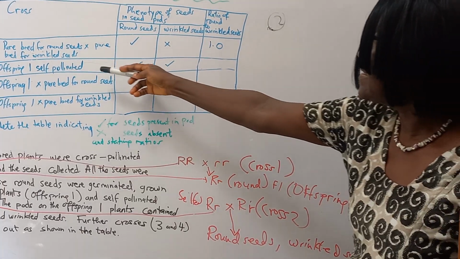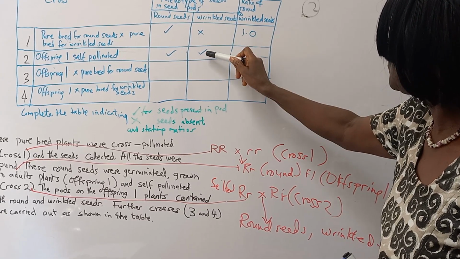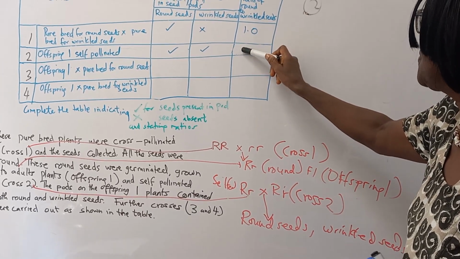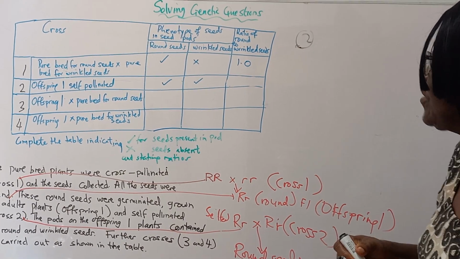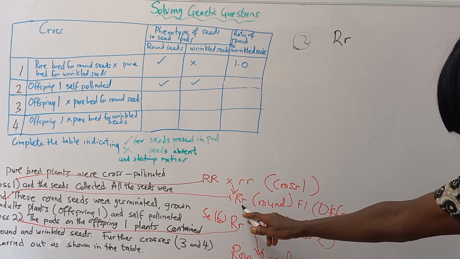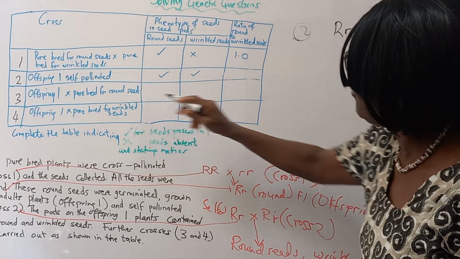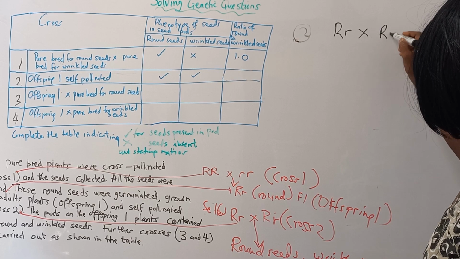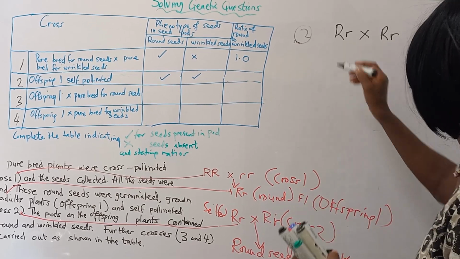Now let's look at cross 2. We've been told there are round seeds, there are also wrinkled seeds, and we will have to produce the ratio. And the cross is offspring 1. This is offspring 1. It's round like this. We are self-pollinating it. So round offspring 1, round offspring 1.